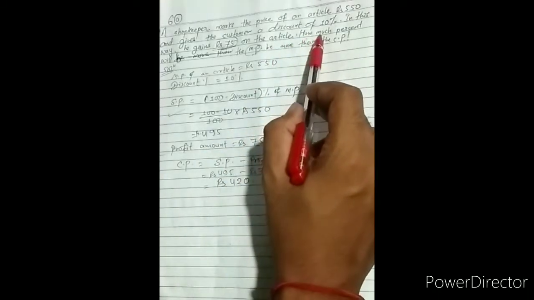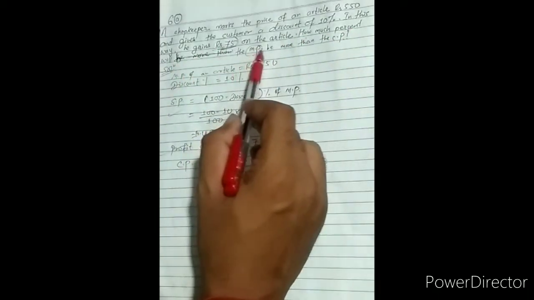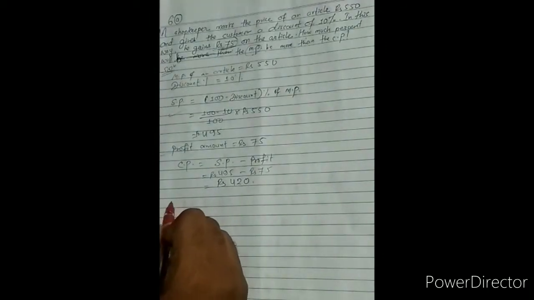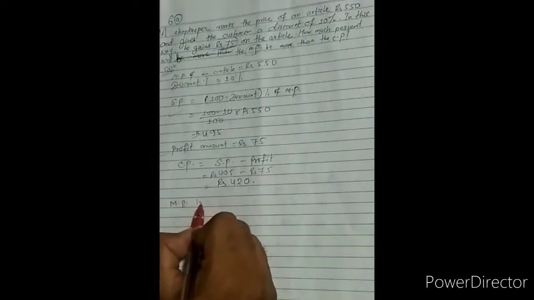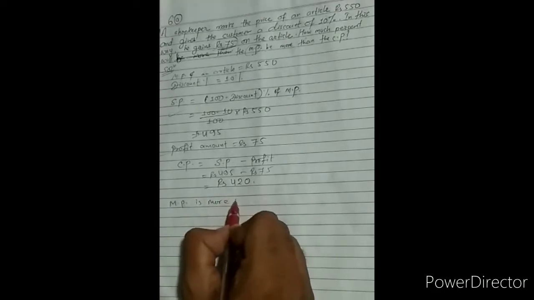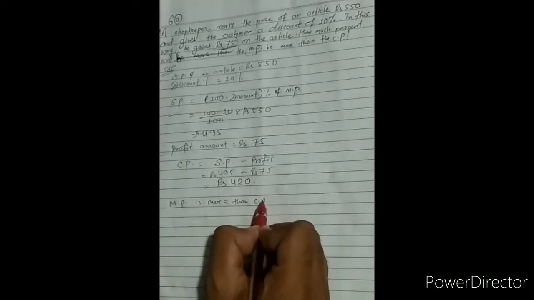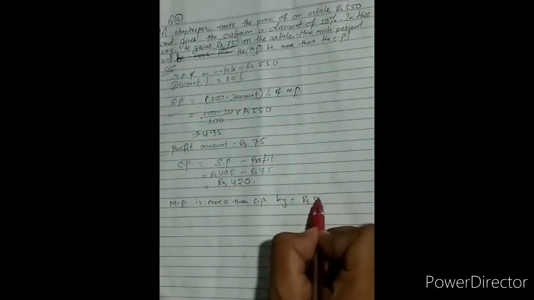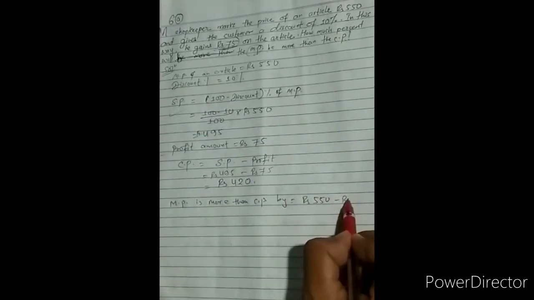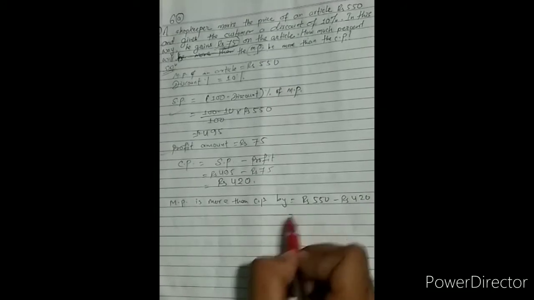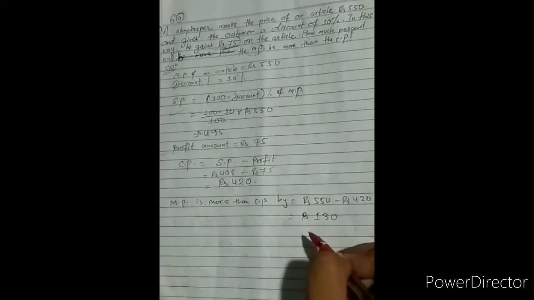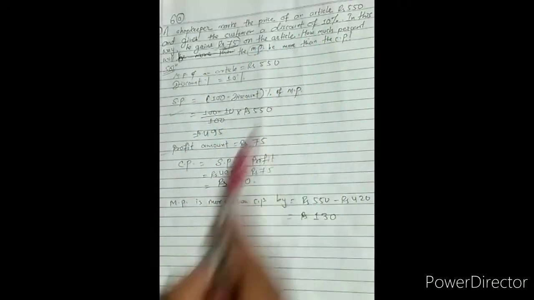According to the question, how much percent will the mark price be more than cost price? MP is 550 and CP is 420. 550 minus 420 is rupees 130 more, but you have to find it in percent.